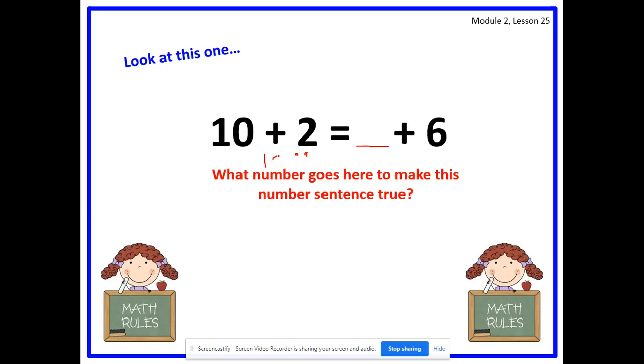Yes, 12. So that means that if we have 12 on this side, in order to make a true number sentence, in order to make it equal on both sides, we have to write a number that makes this side have a total of 12 also. So we already have 6. What plus 6 makes 12?